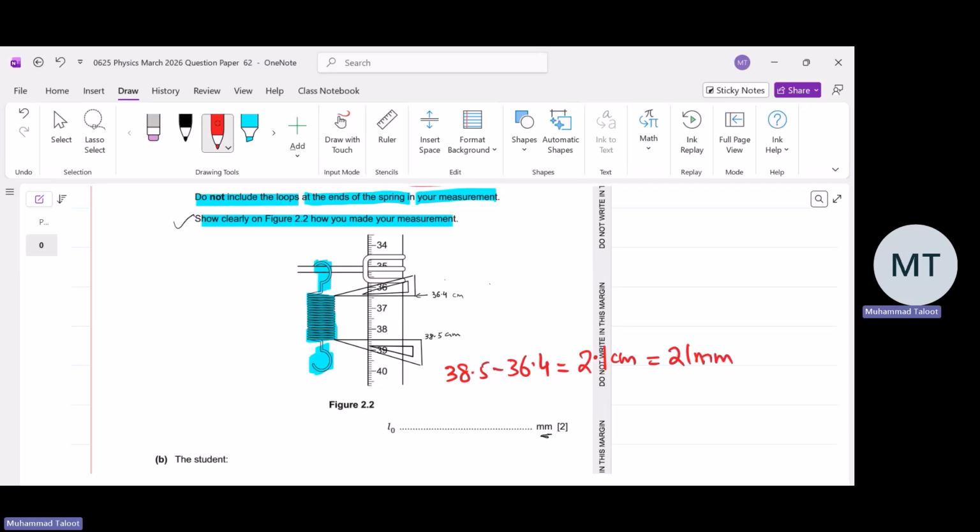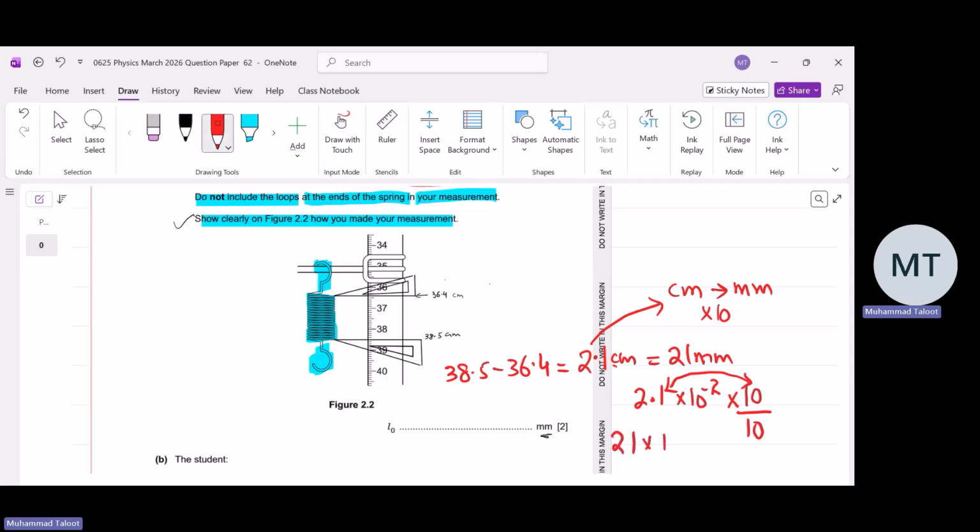When we move from centimeter to millimeter, some teachers say multiply with 10. Actually, what is happening behind this, I tell my students the story of this. 2.1 centi is basically 10 power minus 2. We need here 10 power minus 3. So we multiply with 10 and divide with 10. The 10 is multiplied with 2.1, so this becomes 21.